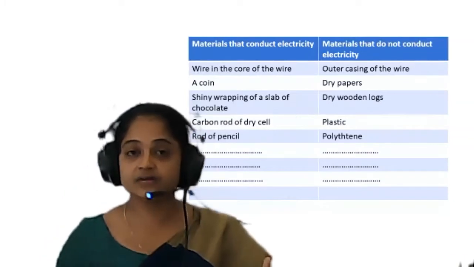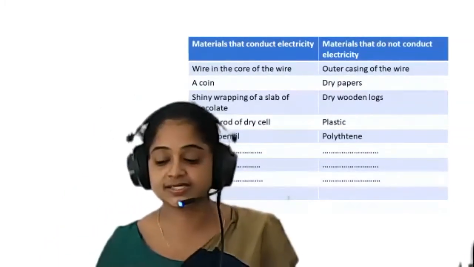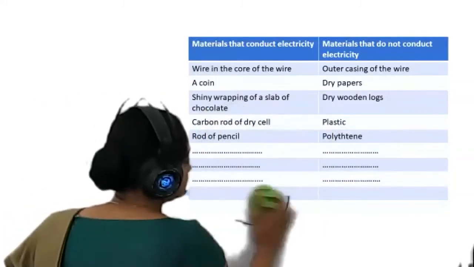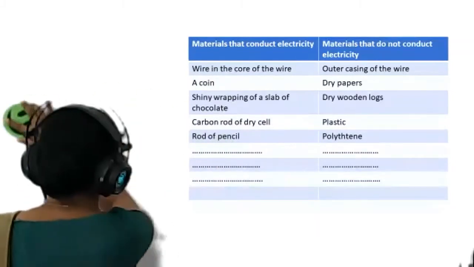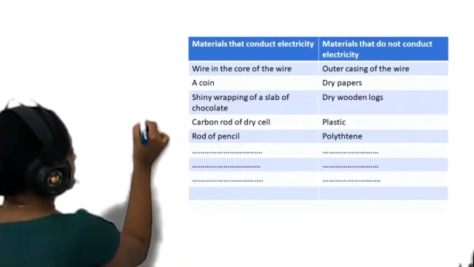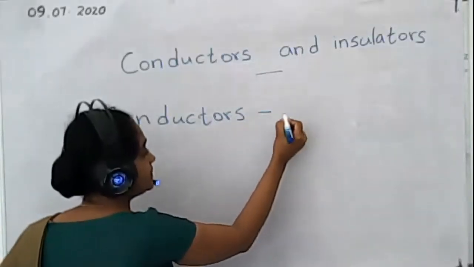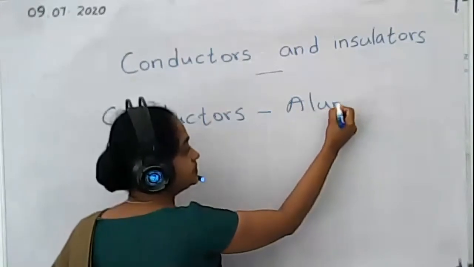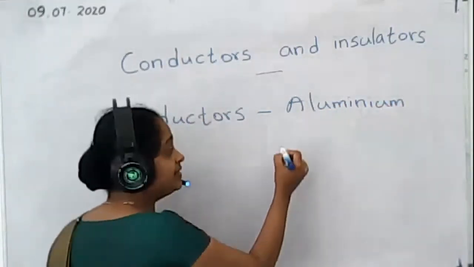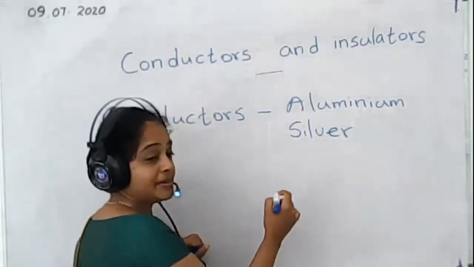Write down examples under that point. Examples of conductors: aluminium, then silver, copper, iron.